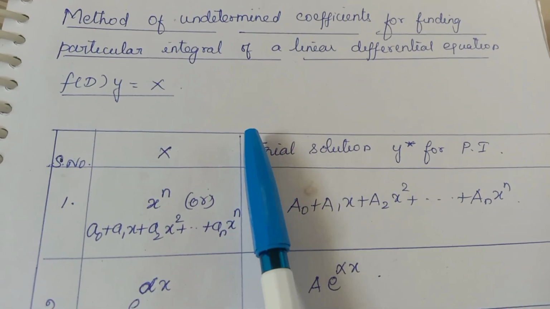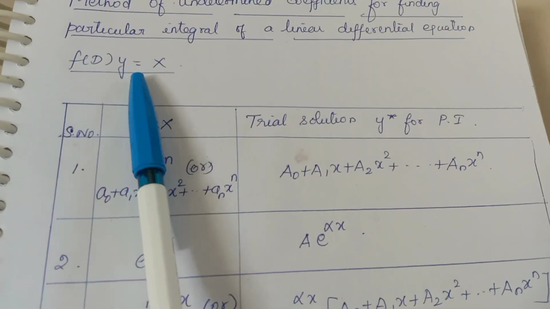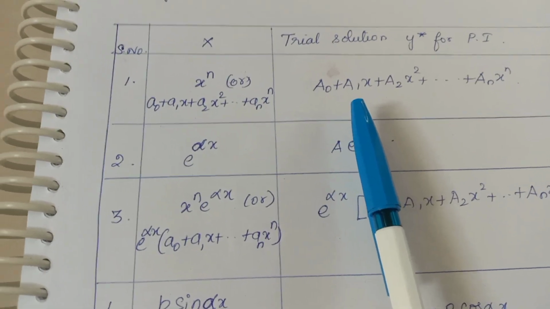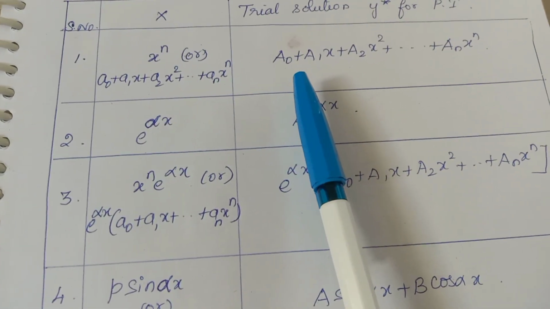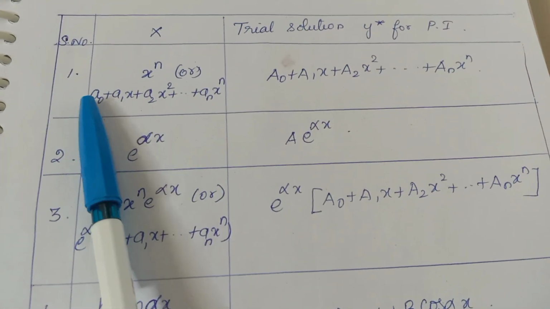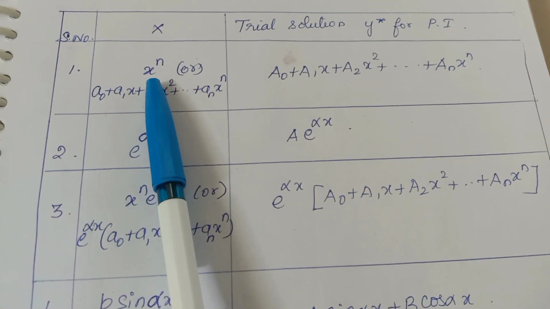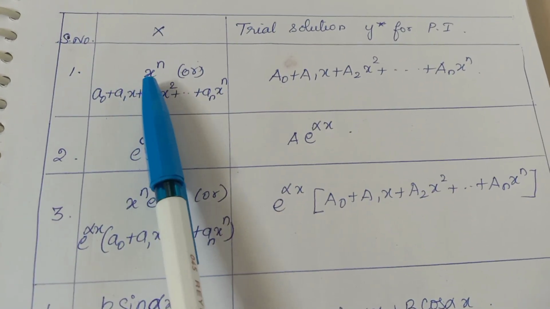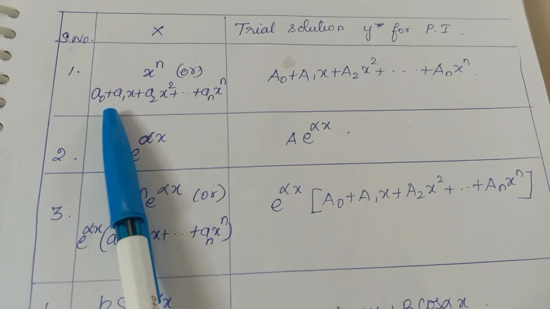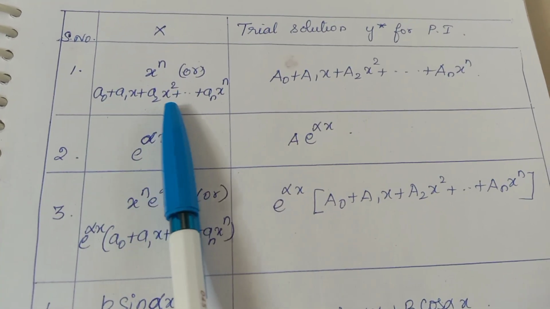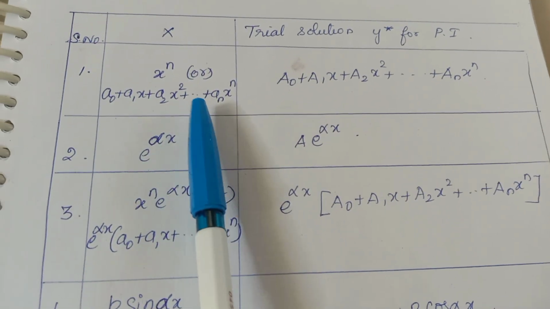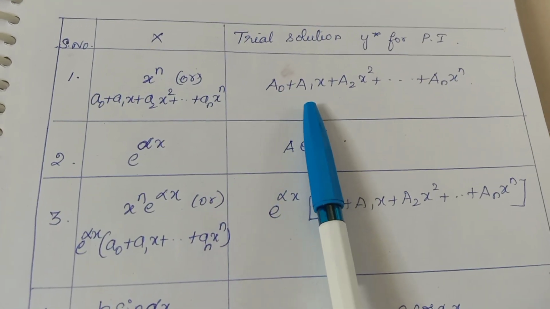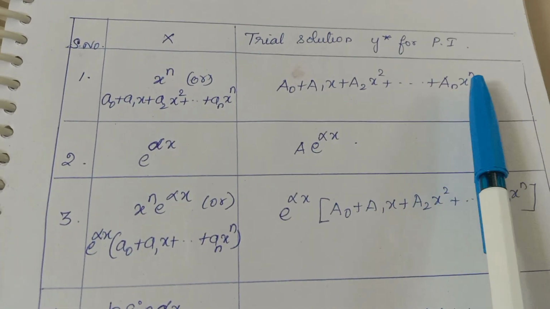Now in this method, depending on the nature of the right hand side, capital X, we have to take the trial solution. Here I have given 6 different cases for which the trial solutions are assumed. The first one is if the right hand side is of the form x power n, any integral power of x, or a linear combination, that is a combination of one or two terms like a0, a1x, a2x square plus etc. In that case the trial solution is a0 plus a1x plus a2x square plus etc. up to an x power n.